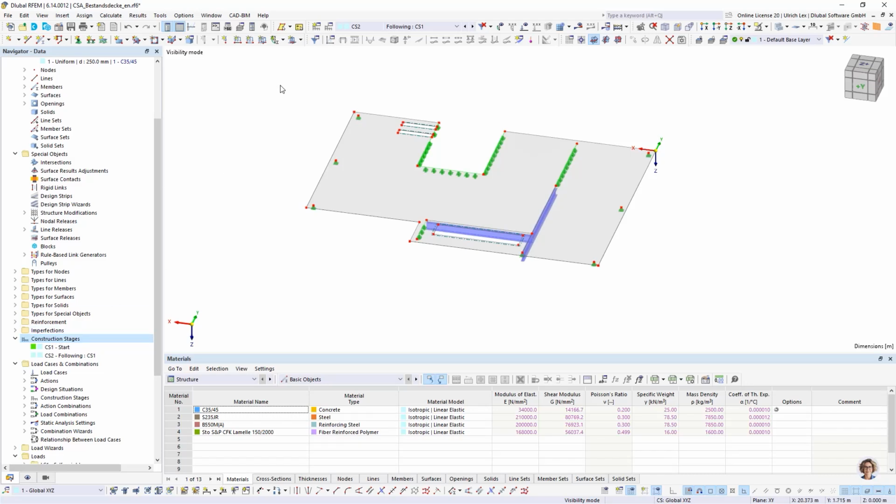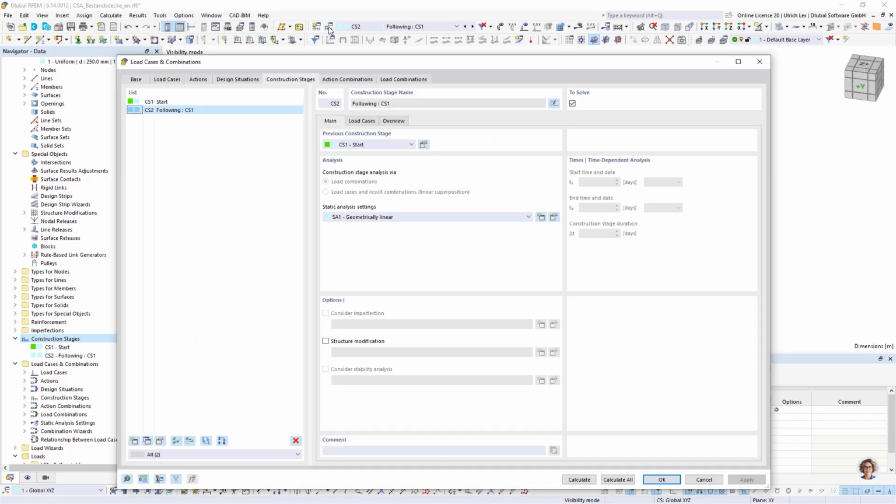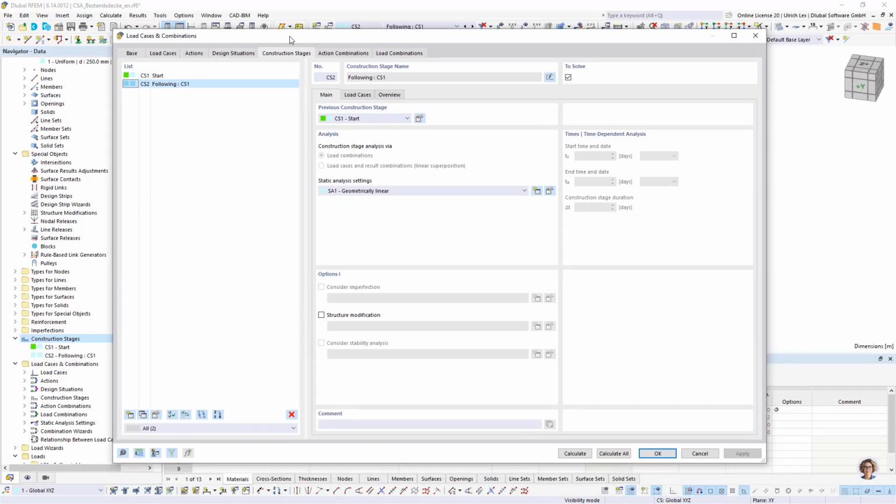So the next step we could do is to take a look at the loads. Here I can open the load combination and load case dialog.